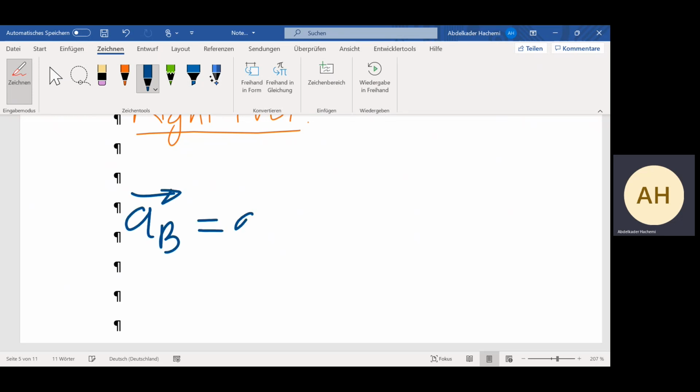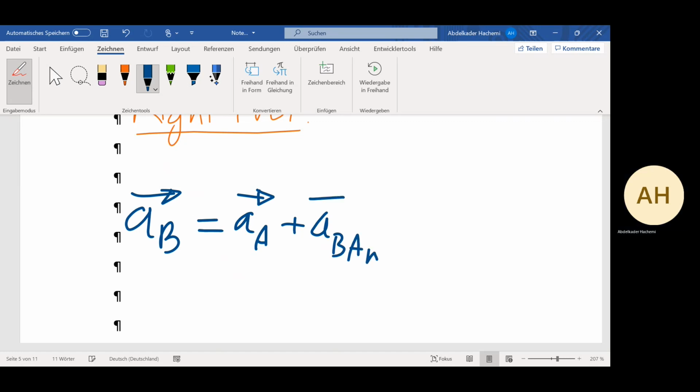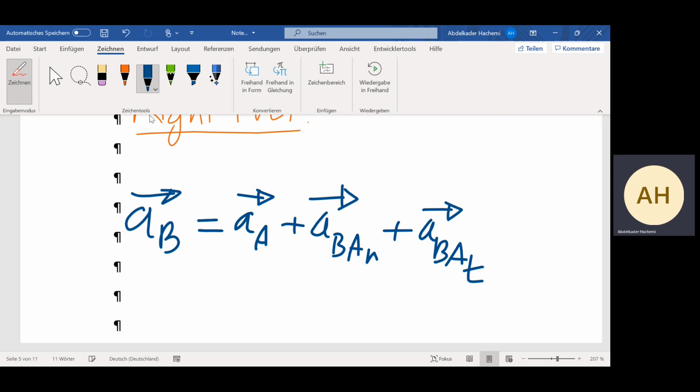It's only EE plus EB normal plus EB tangential.